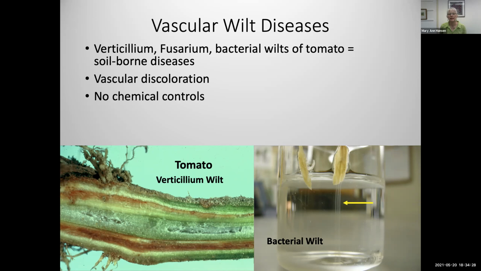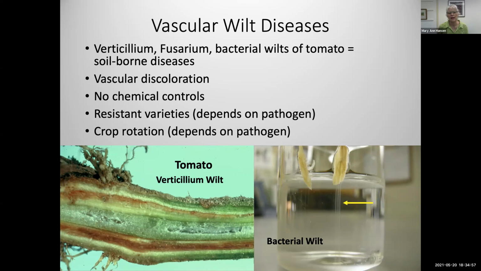Now, the problem, like I said, with these vascular wilt diseases is that there are no chemical controls. These organisms survive in the soil. We don't want to be dumping a bunch of chemical on the soil to try to control them. And there just are no effective chemical controls. So you're going to have to rely on things like resistant varieties or crop rotation.